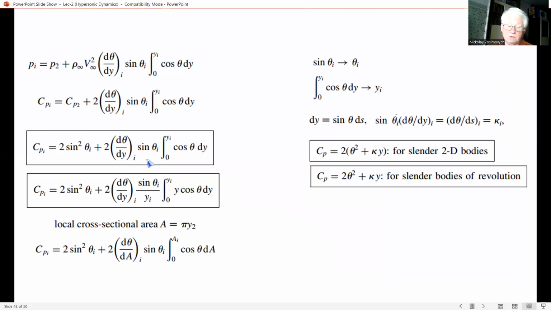An analogous equation for an axisymmetric body gives the next expression. Okay? So this equation can be written in terms of the local cross-sectional area, proportional to pi y sub 2, and we get the next expression at the bottom of this derivation and the previous one.